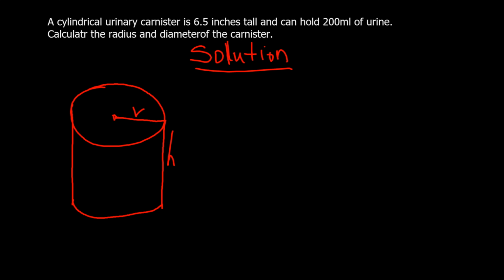Now, the first thing you should take note of is, what do we have? We have the height, which is 6.5 inches, and we have the volume, which is equal to 200 milliliters.